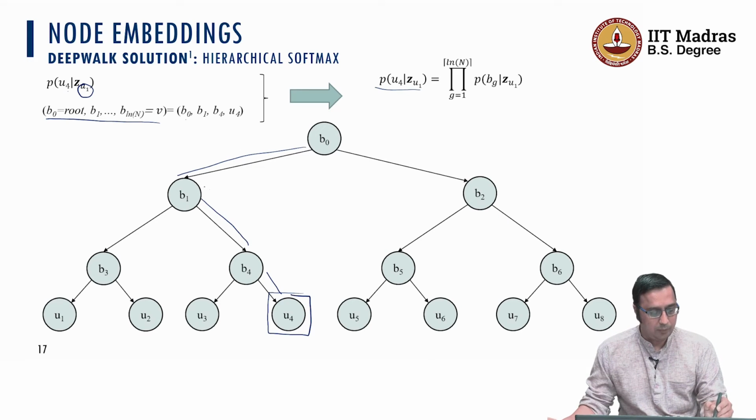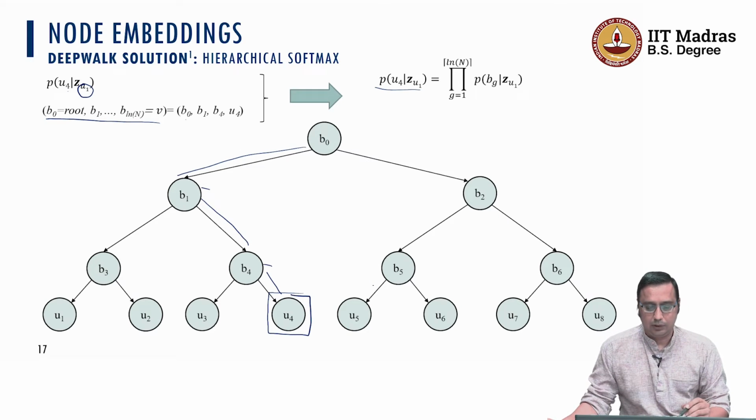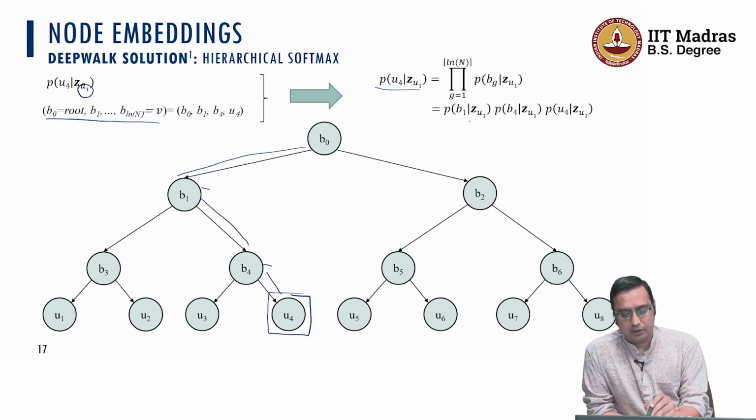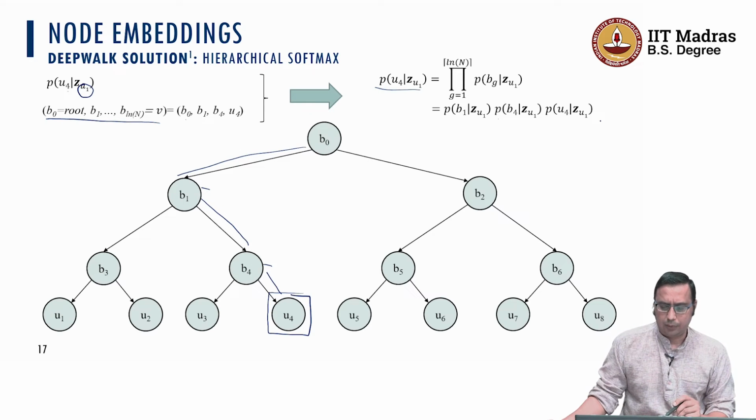So I have to find the probability of these: B1 given ZU1, times B4 given ZU1, times U4 given ZU1. Now, the question is how to find these probabilities.